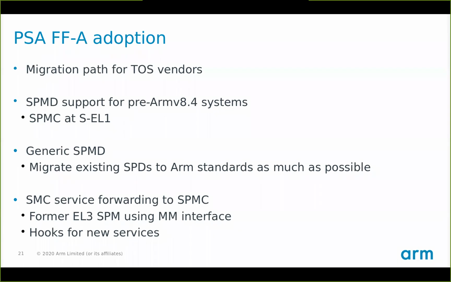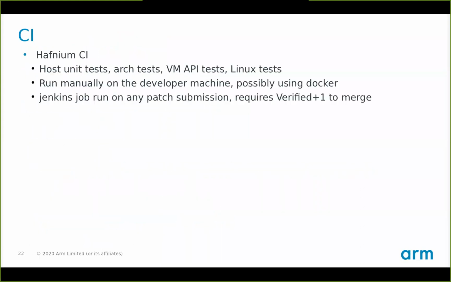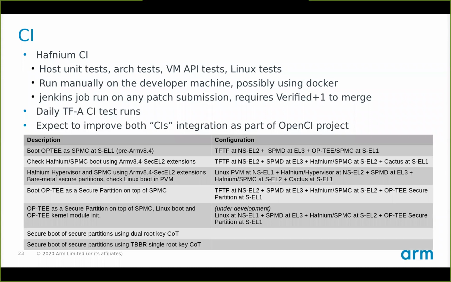Yeah. So as I'm seeing the clock is ticking, I will go a bit faster on the last slides. Around CI, there are two build systems and two CIs in a way, in the sense that we inherit what exists within Hafnium, which is a comprehensive list of 4 types of tests: host unit test, architecture test, VM API test, and Linux test.